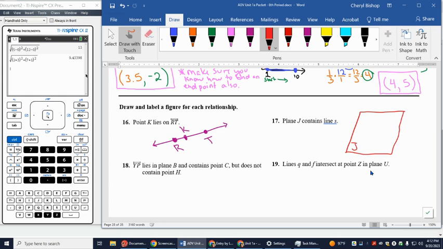And when it says it contains, that means the whole line has to be inside the plane. So when you draw it, it can't go outside of what we just drew. You can draw it going uphill or downhill, or even just horizontal, however you want to do it. And then by one of the arrows, it doesn't matter which one, you put your little lowercase s.